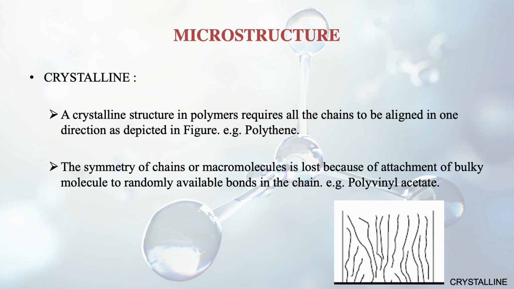So the symmetry of the chains or the macromolecules is lost because of attachment of bulky molecule to randomly available bonds in the chain. If this particular molecule combines with a bulky molecule, then this symmetry may be lost, and the example is polyvinyl acetate.